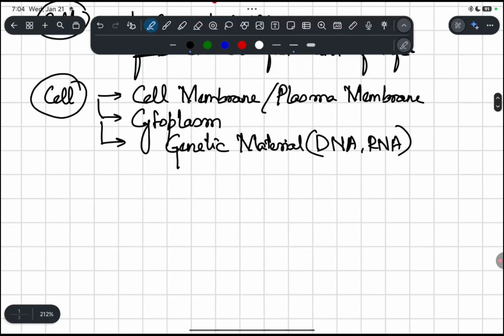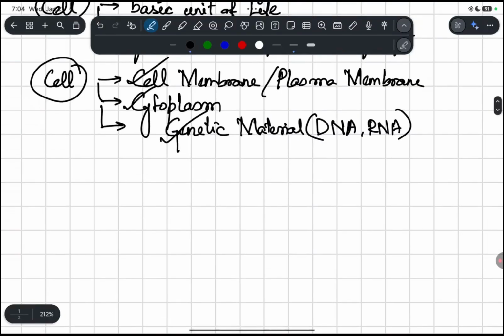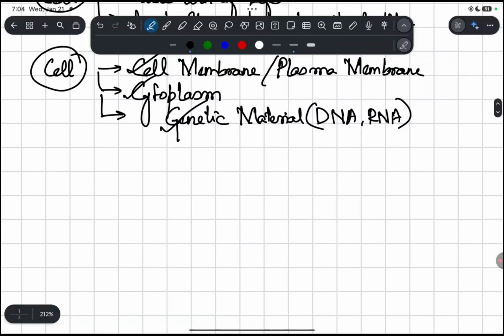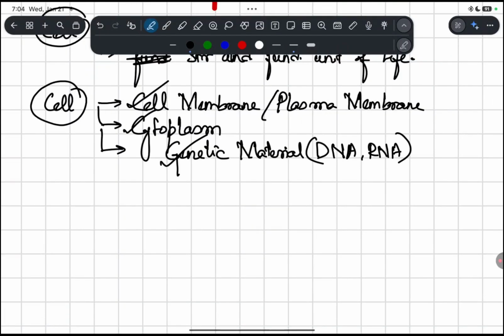So it must have cell membrane, cytoplasm, and genetic material. What is cytoplasm? Cytoplasm is a fluid matrix where all the chemical reactions happen. Here, cyto means cell and plasm means fluid matrix.